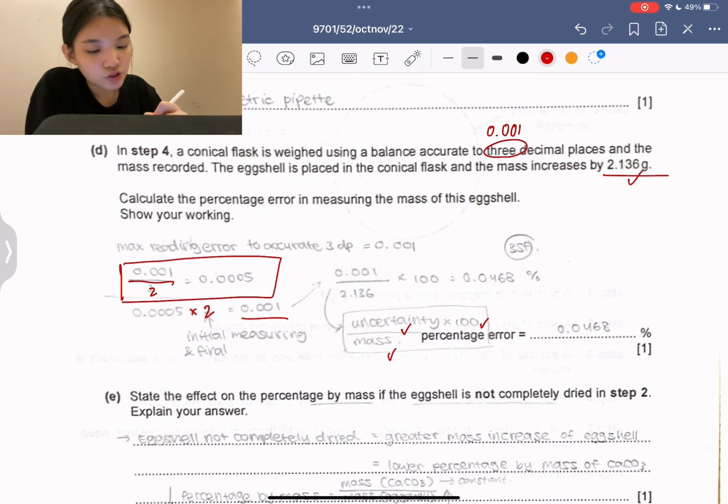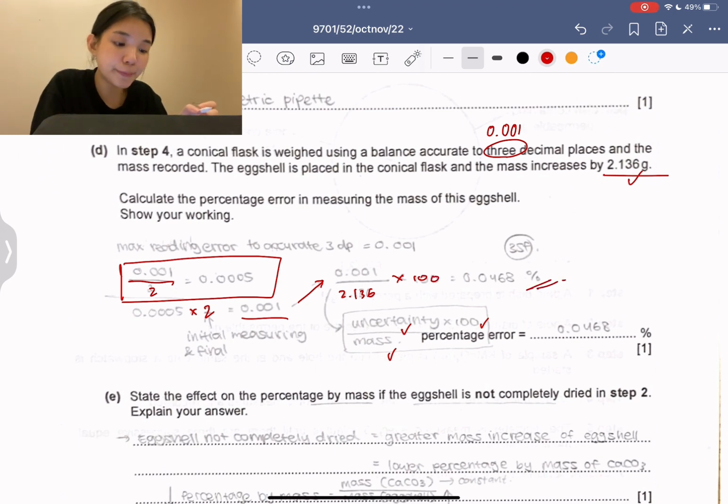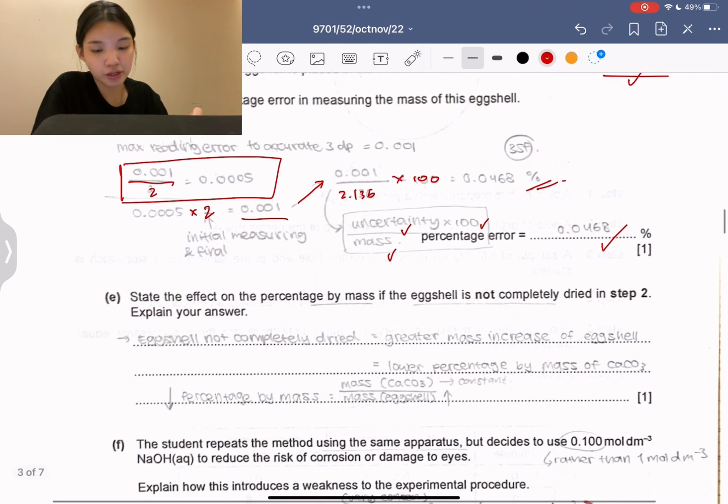Then you put in the formula 0.001 divided by 2.136 times 100, which is equal to 0.0468%. In 3 SF, 0.0468% is the percentage error.